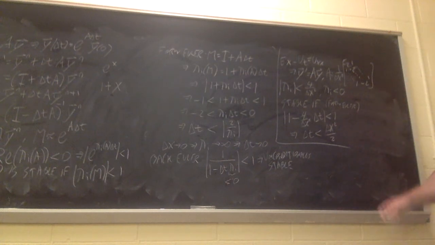So that is an incredibly strangling time step restriction. If I increase my spatial grid resolution by a factor of 10, I must cut the time step by a factor of 100. So that's why people generally don't use explicit methods for something like a heat equation. Wave equation, delta t is proportional just to delta x to the first power, so it's not so bad.